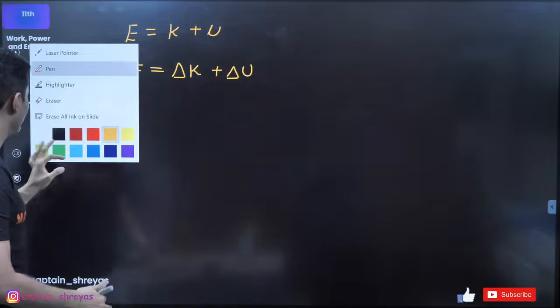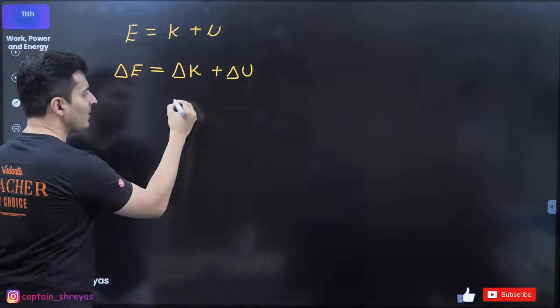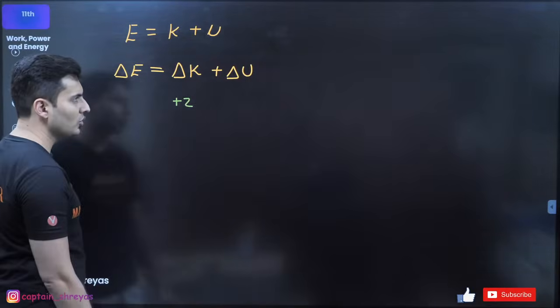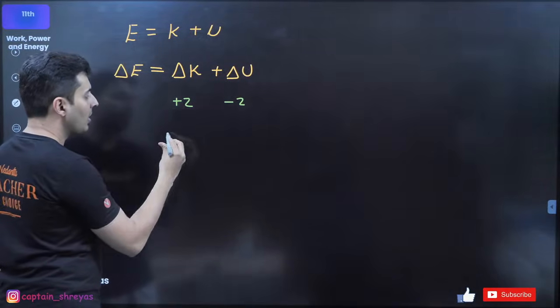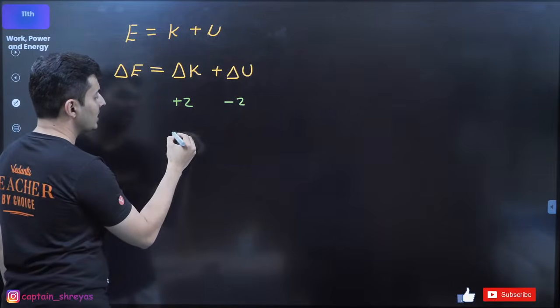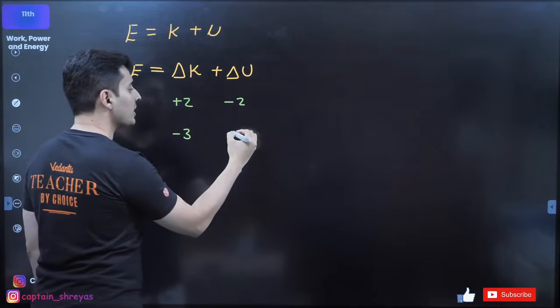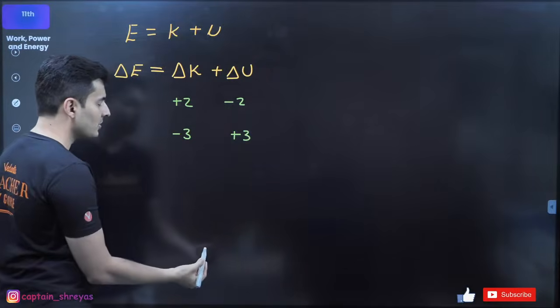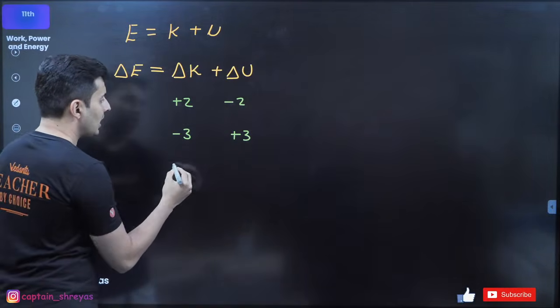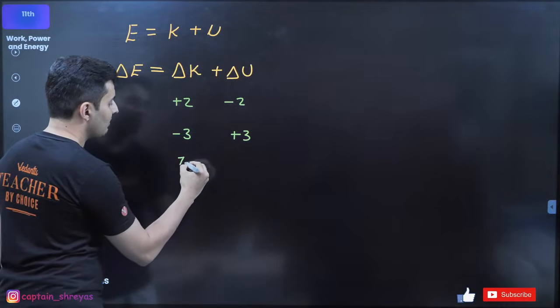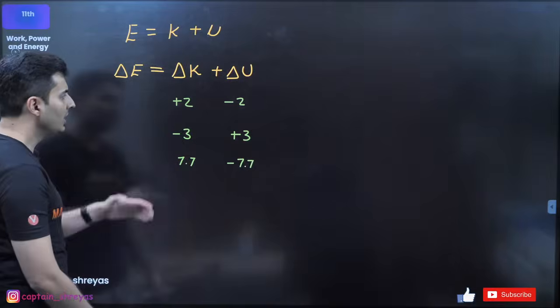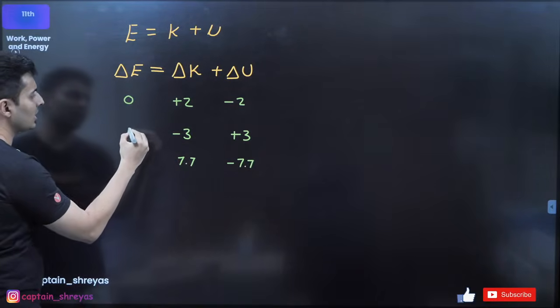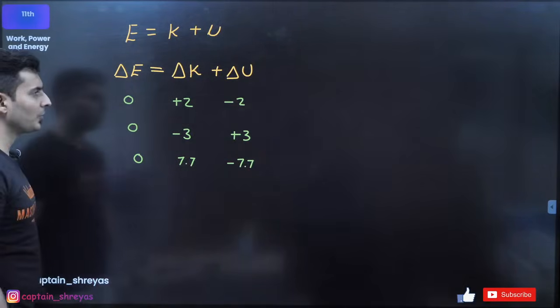Now, just giving you some examples. Imagine kinetic energy increases by 2 joules, potential energy changes by minus 2 joules. Or kinetic energy decreases by 3 joules, potential energy increases by 3 joules. Or maybe kinetic energy increases by 7.7 joules, and this changes by minus 7.7 joules. In all these 3 cases, the change in the mechanical energy is 0.